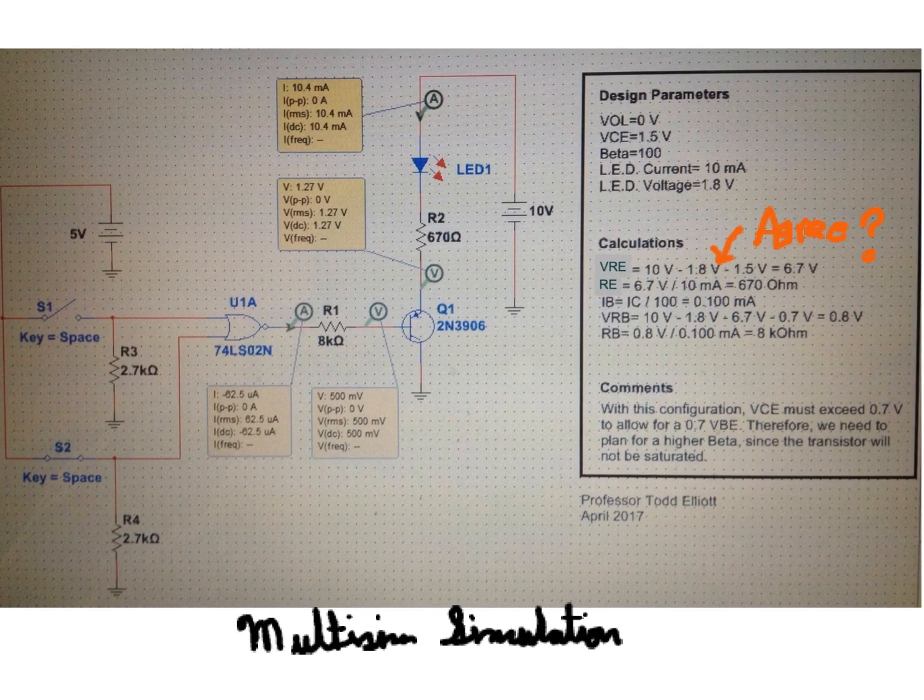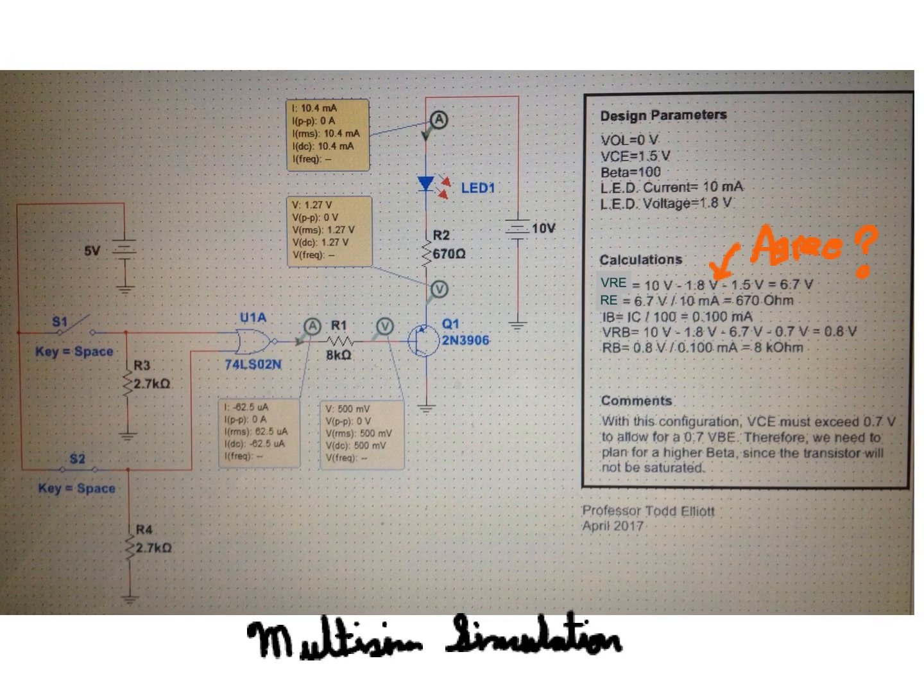Here's another one. Okay, this one I did in Multisim. And here we have the 10-volt supply. Okay, we're having a resistor in the collector of 680 ohms.